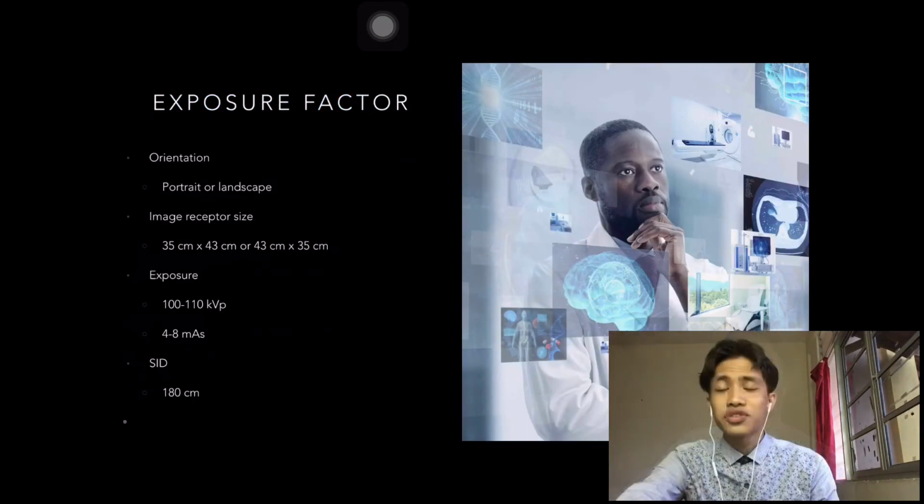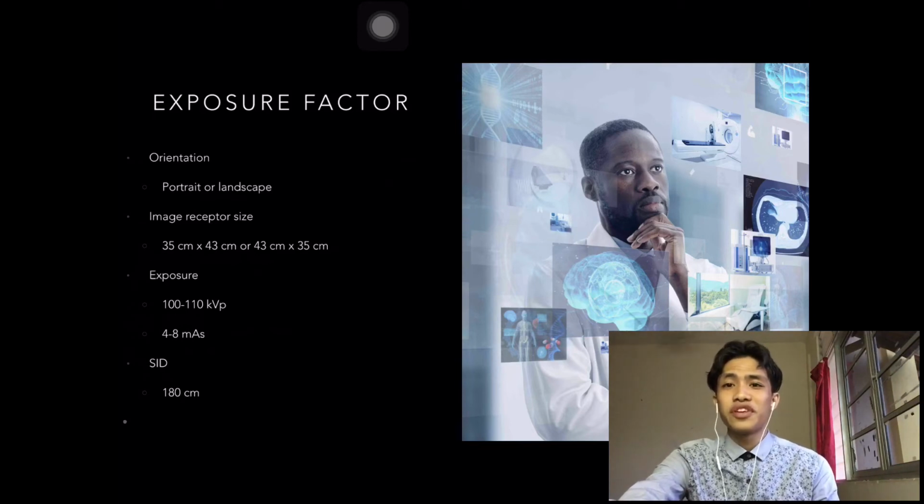Next, E stands for exposure factor. The exposure factor is very important to get our radiograph clearly seen and to get a perfect chest X-ray. The next one is orientation. Orientation can be portrait or landscape, so the IR can be put portrait or landscape.